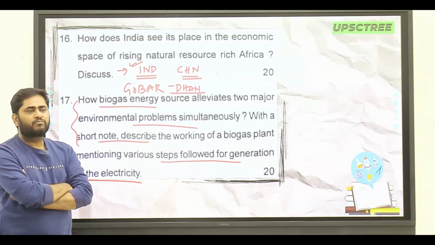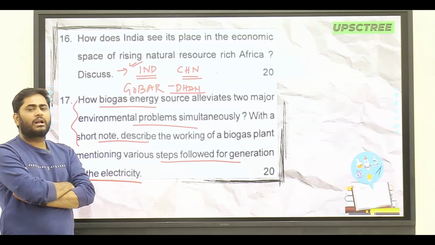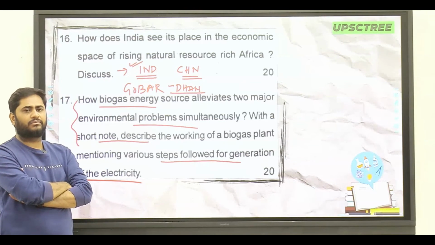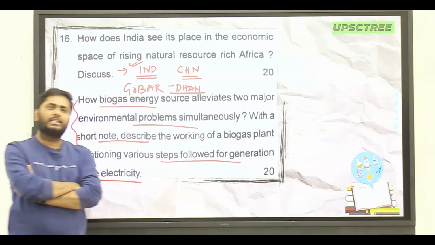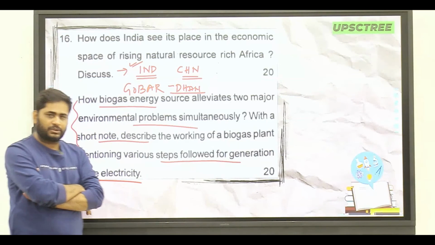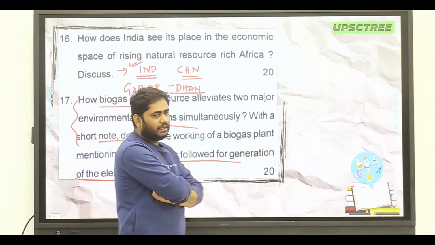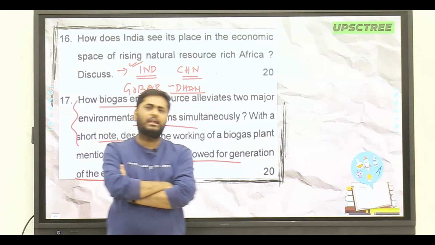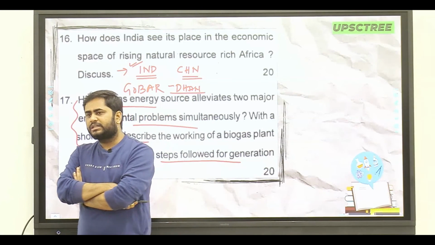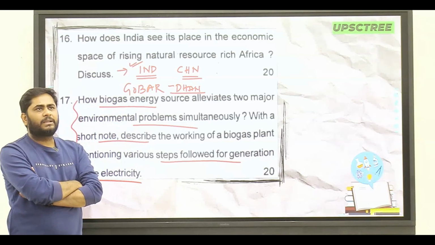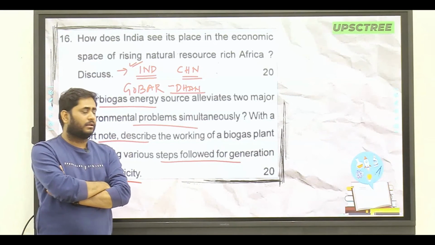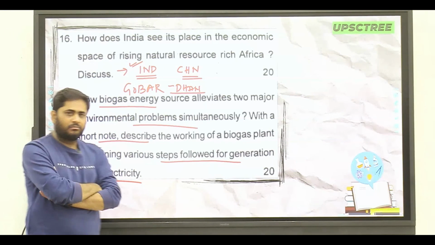That is true. But then again, if a woman in a rural household is going for, say, a chulha kind of thing, it is going to give her a lot of health issues. So how to avoid that? That is the reason why in rural areas we need cooking fuel. At the same time, we need something that is affordable for the rural area, and biogas can play a very good role.